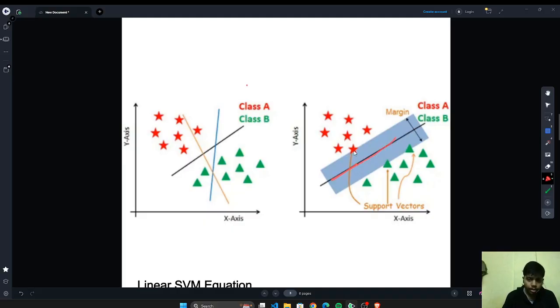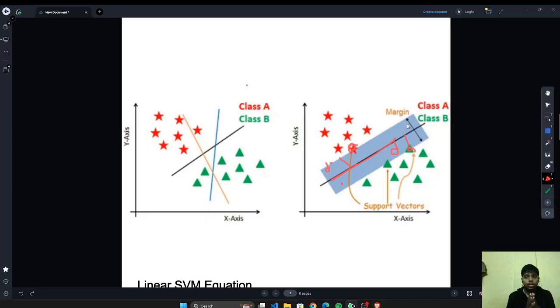The objects which are at the minimum distance are called vectors. So this is a vector and this is a vector, and the distances from the vectors are called d minus and d plus.